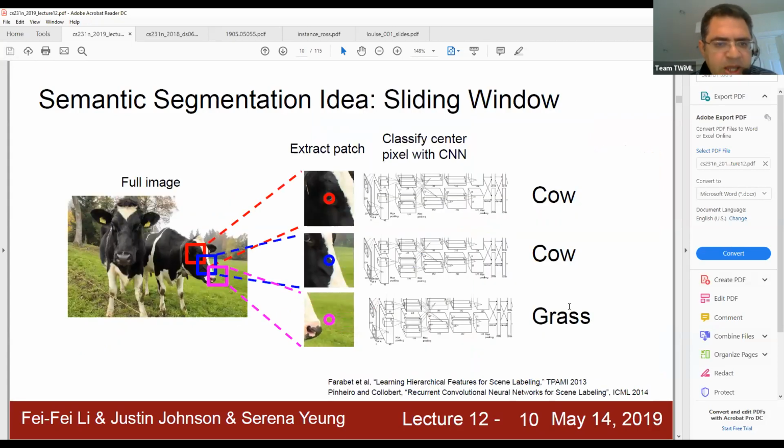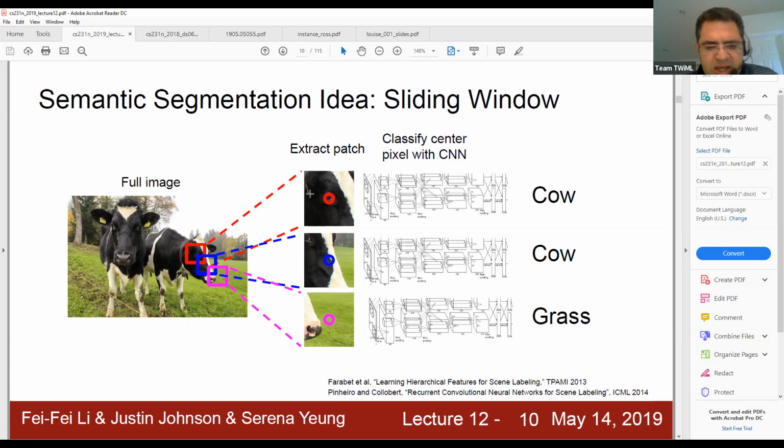Okay, so one way people could have done it is you take each pixel and you take a small patch around it, and then you use traditional classification. So you pass that patch to a CNN and then say, is it a cow or grass? But of course there is a big limitation here. You have to extract a lot of patches, and you have to extract patches of different sizes.